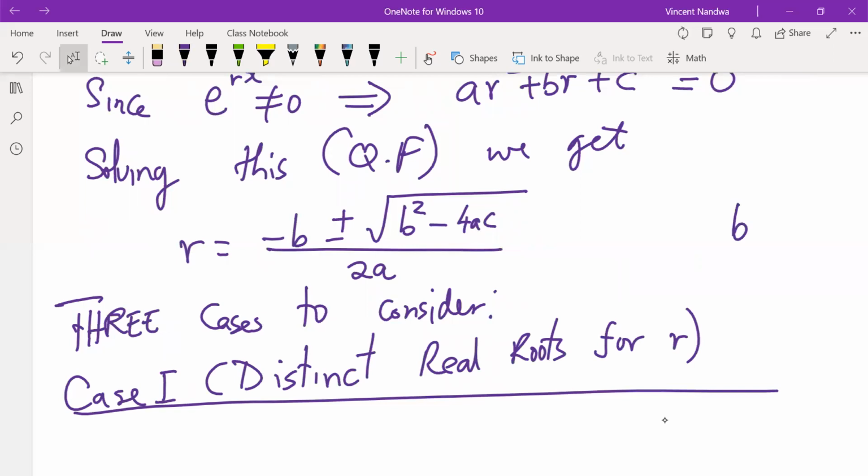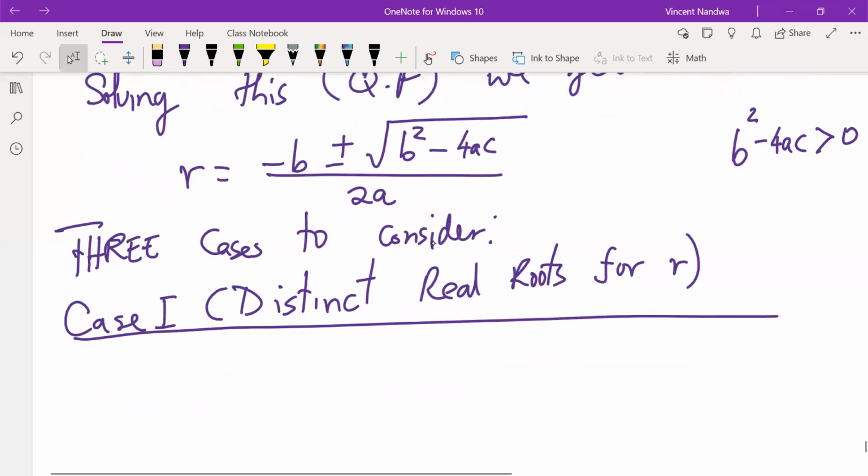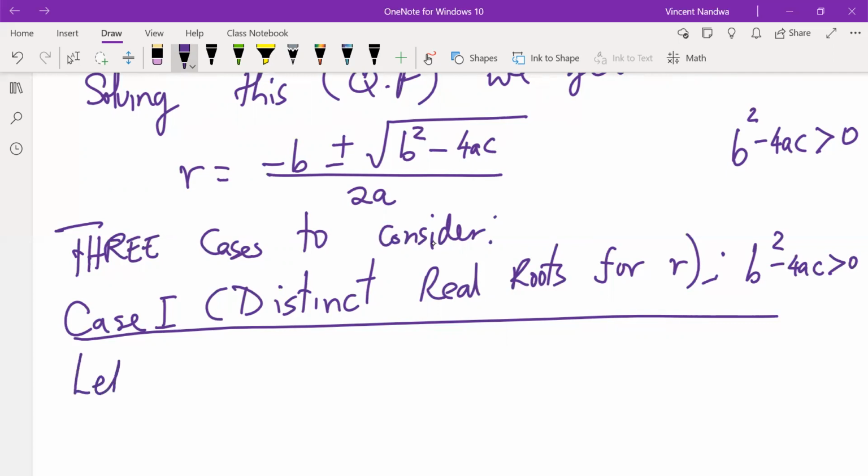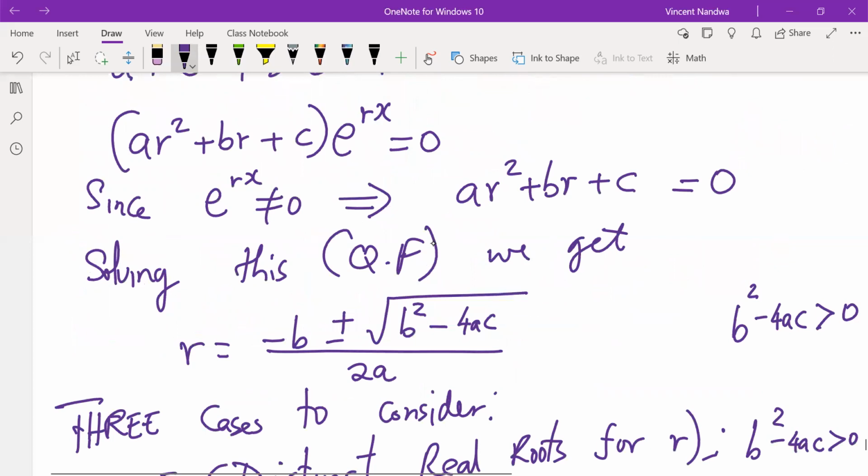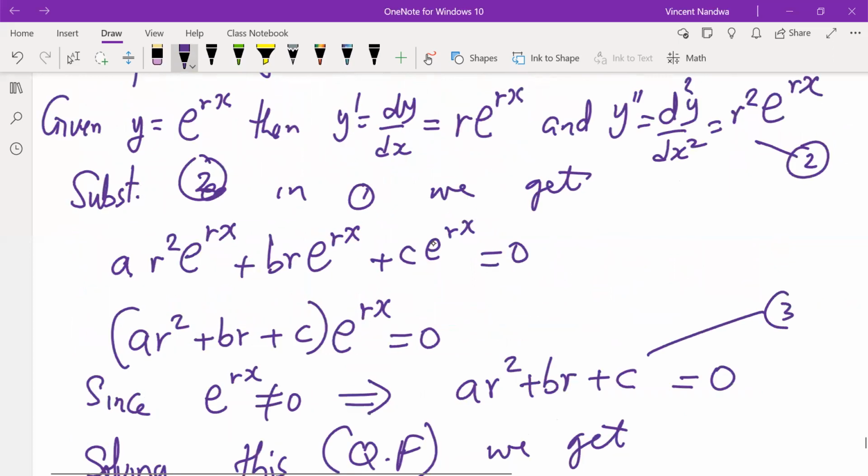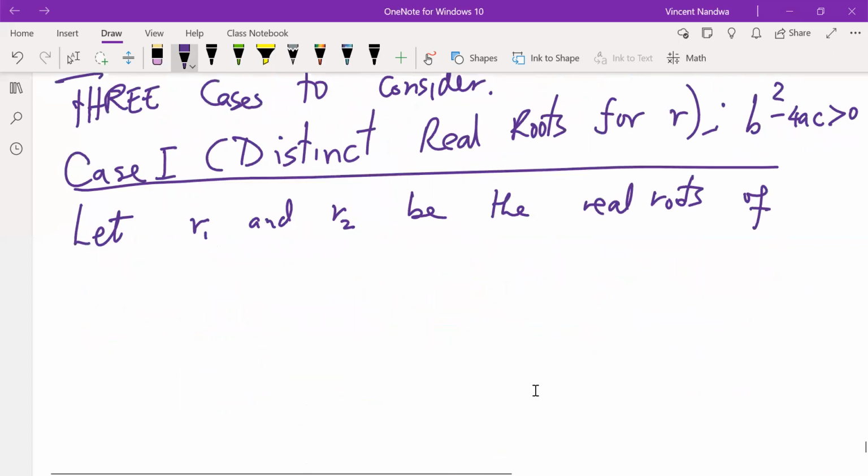This is the case when b squared minus 4ac is positive. So let r1 and r2 be the real roots of equation 3.